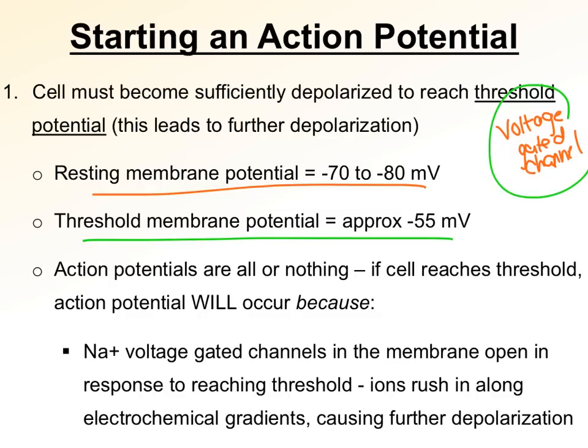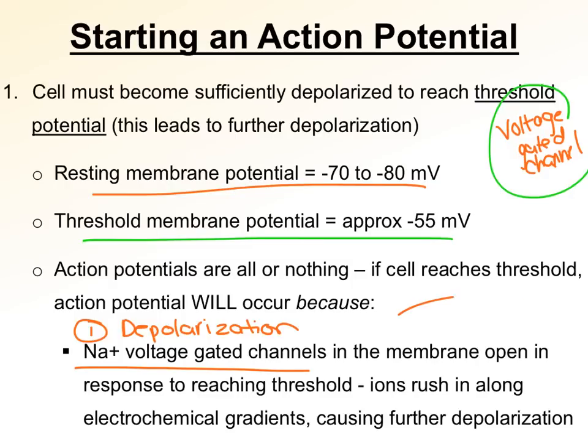Boom, done, no question. It happens because step 1 is depolarization, and that depolarization is due to sodium voltage-gated channels opening. Upon reaching threshold, the first thing that happens is your sodium voltage-gated channels open, and they allow sodium to rush in along its gradient, causing further depolarization.